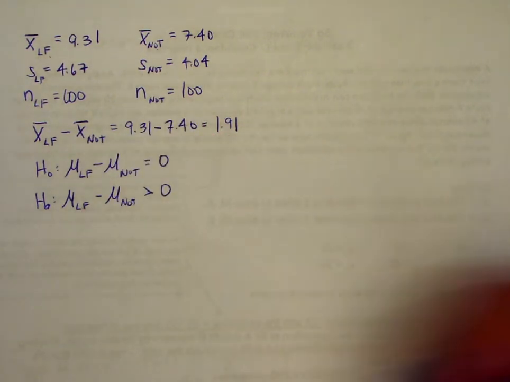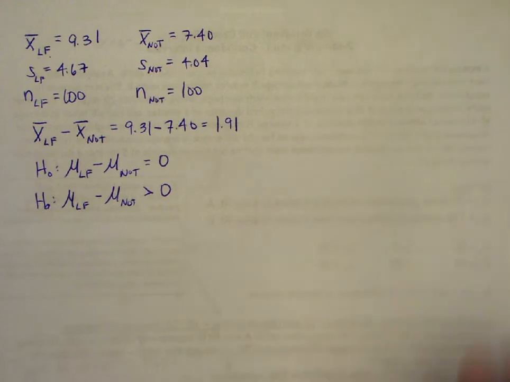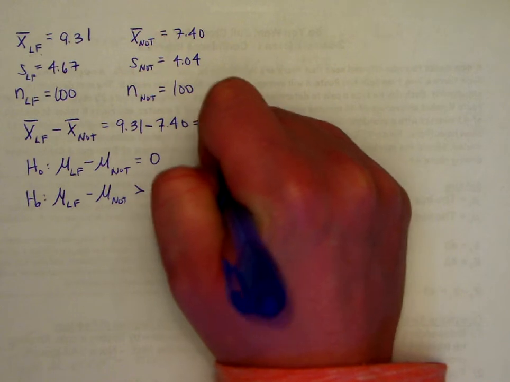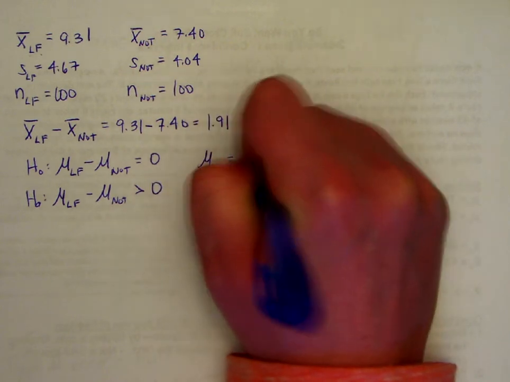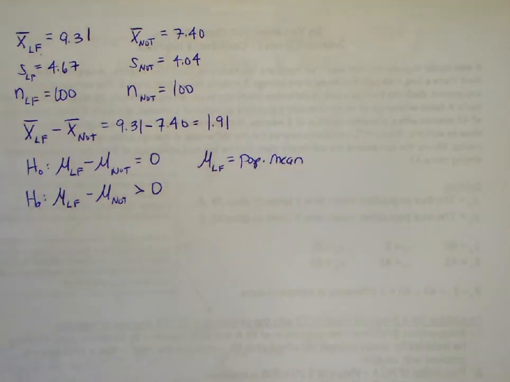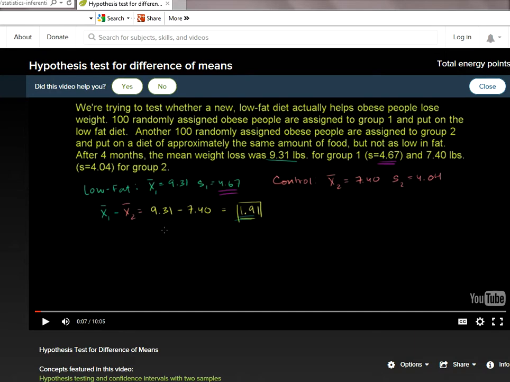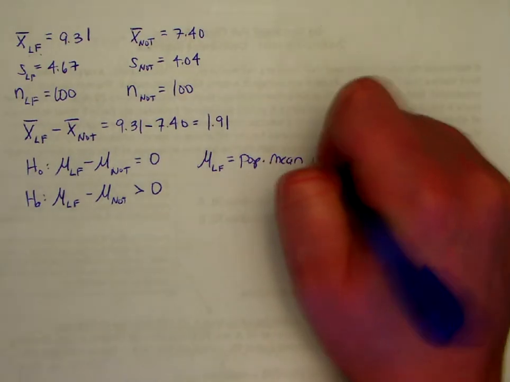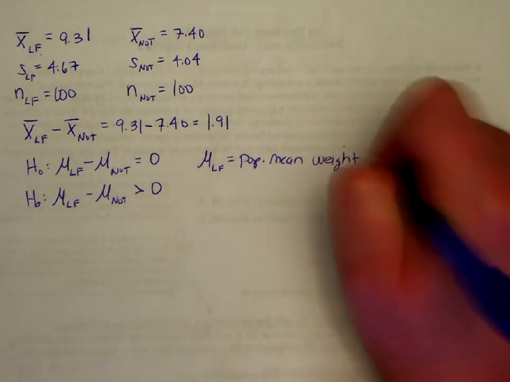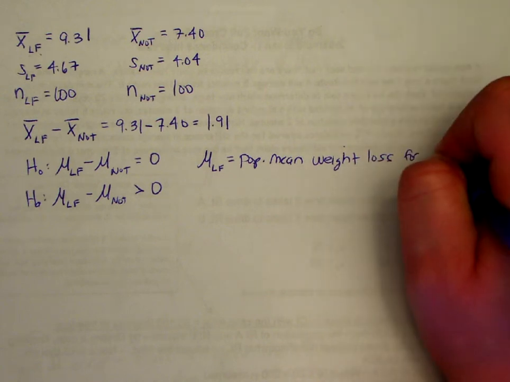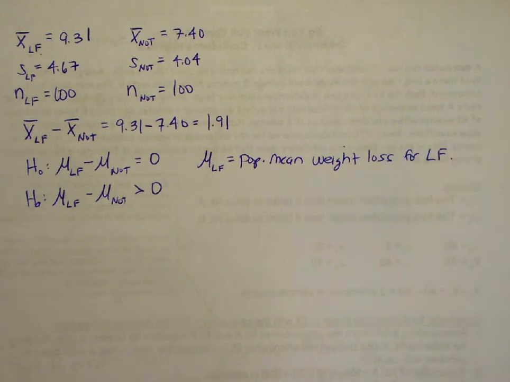And we have to, in words, make sure that the Greek letter gets defined. So mu of low fat is the population mean difference in weight loss? Mean weight loss. That's what we want. For low fat.